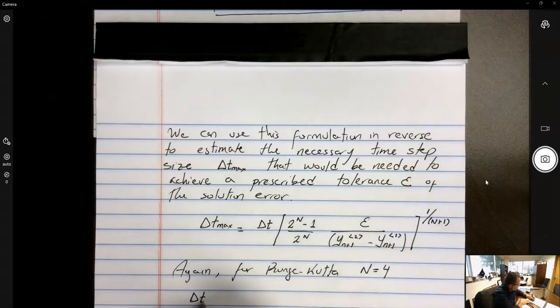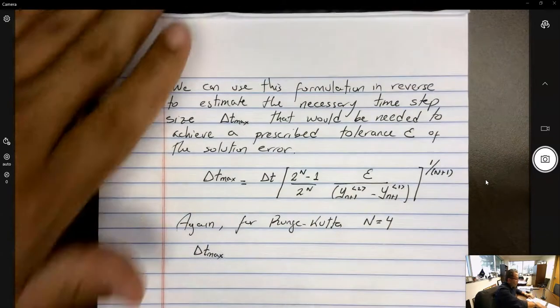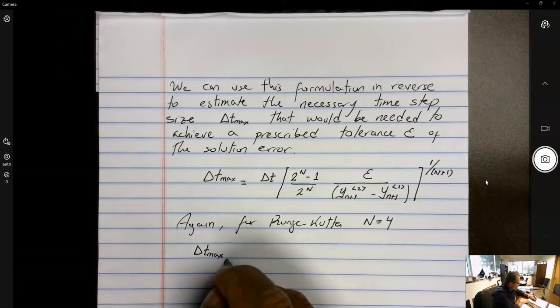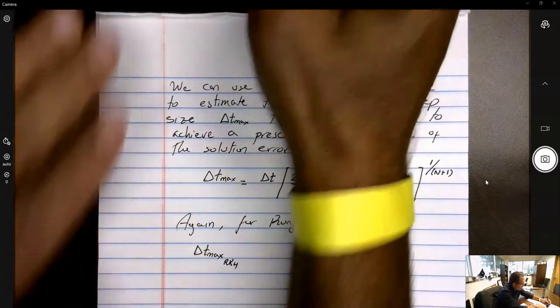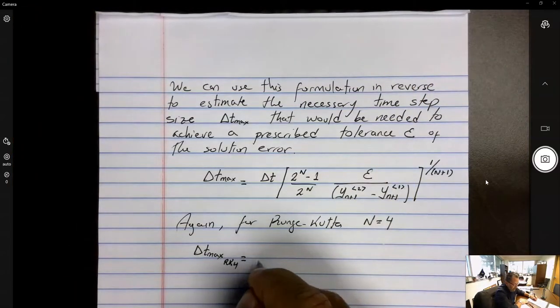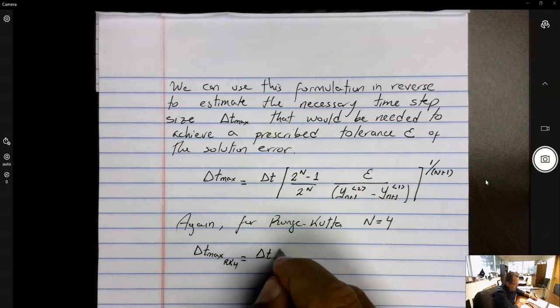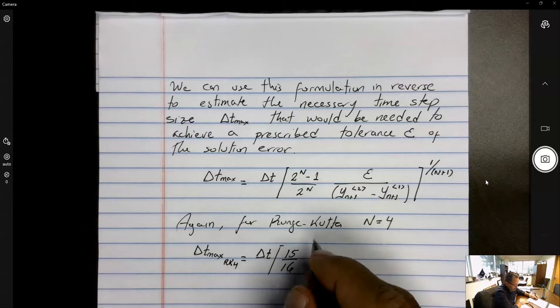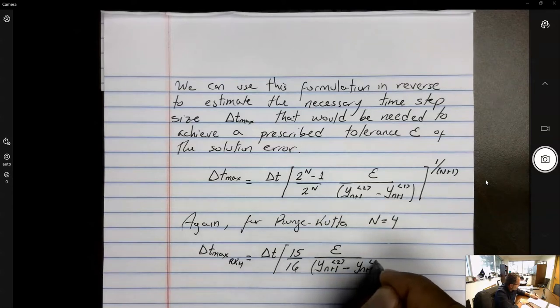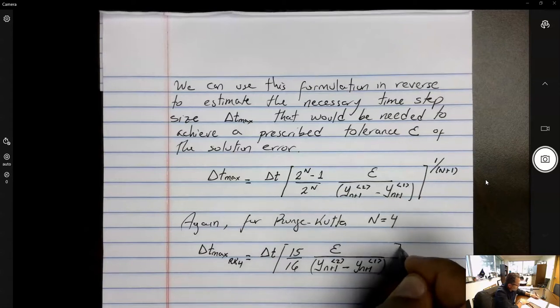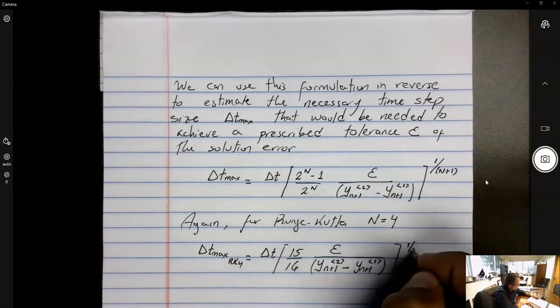So the delta t max for Runge-Kutta 4 is equal to delta t times 15/16 epsilon over y_{n+1} second estimation minus y_{n+1} first estimation, to the power of 1/5.